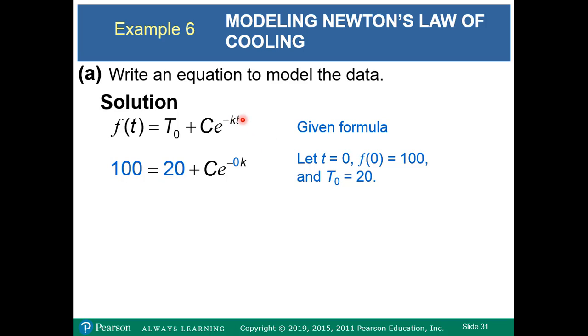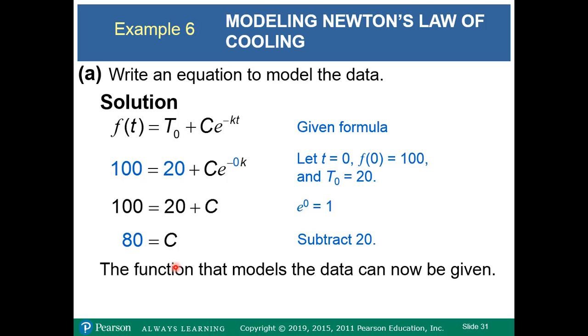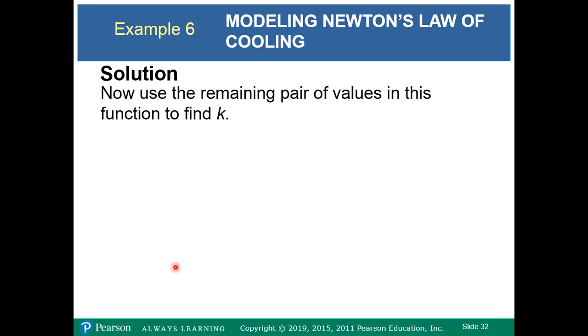Right, t is 0, so this exponent is just going to be 0, which means e to the 0 is going to be 1. So we're just going to get C plus 20 equals 100, and so C equals 80. So we found the first one. Now we just got to figure out what k is.